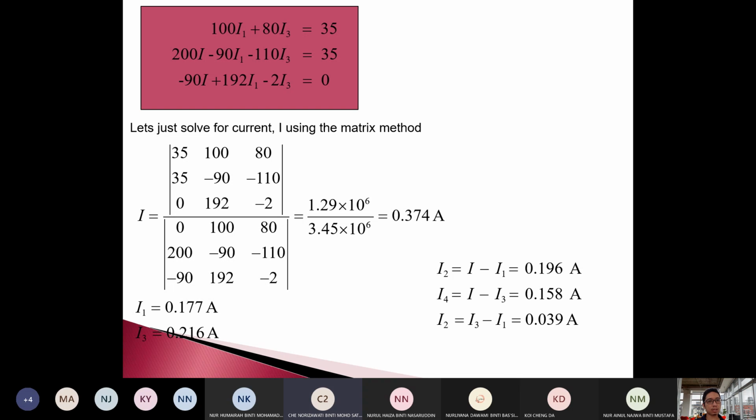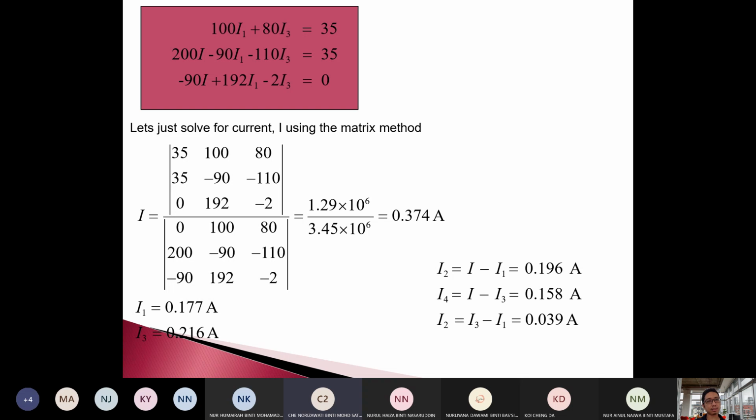So you need to take the 35, and over here is still 35, minus 90, minus 110, and then you need to divide this with that 200. So this is the below one, that's the 200.